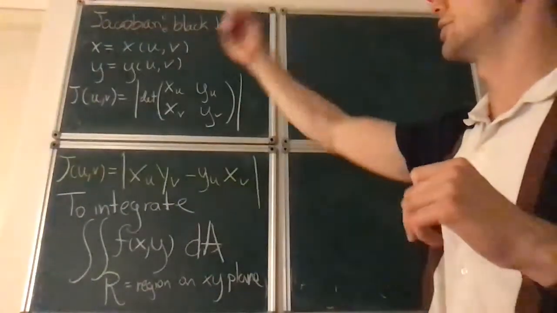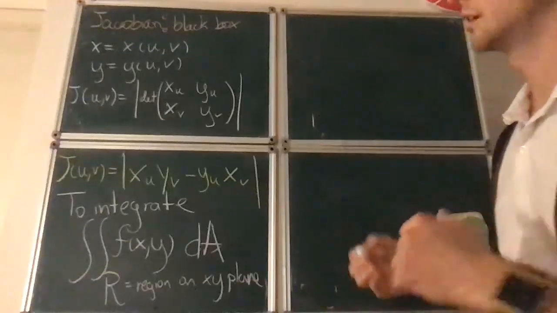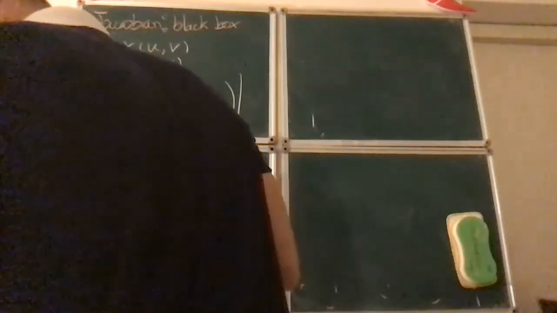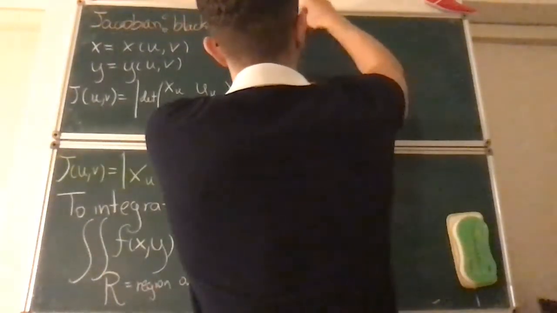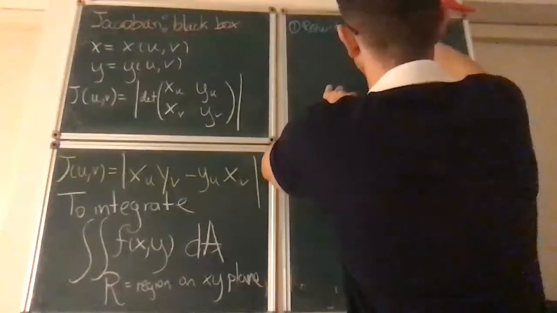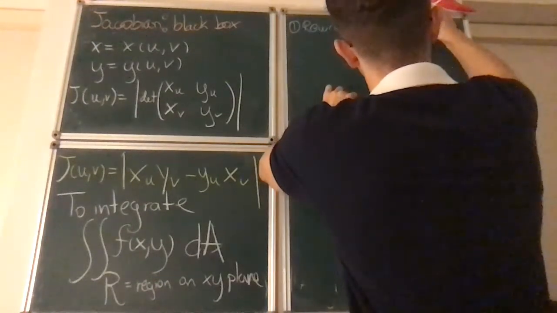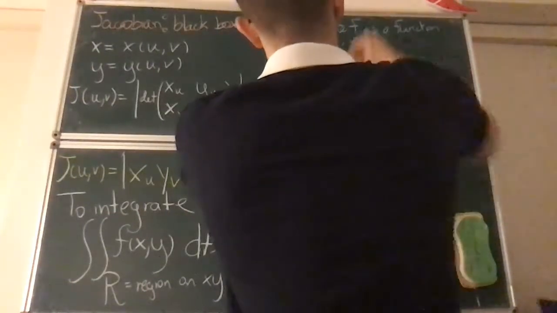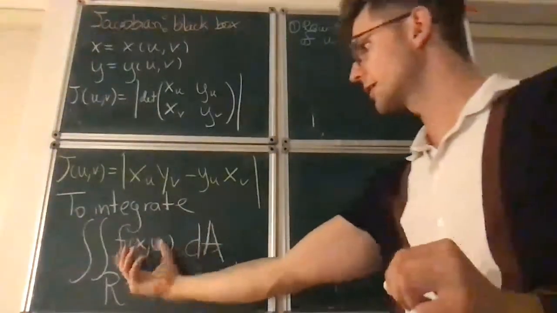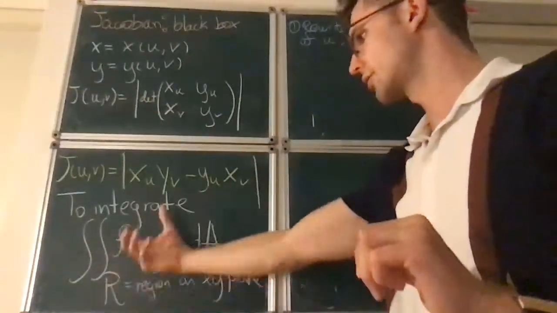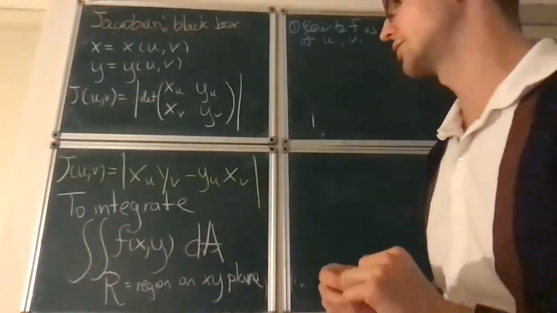If you want to use this idea of changing coordinates, what you have to do is rewrite f as a function of u and v, so the integrand, since you have x and y as functions of u and v, you can do the corresponding substitutions and you'll think of f as a function of u and v.